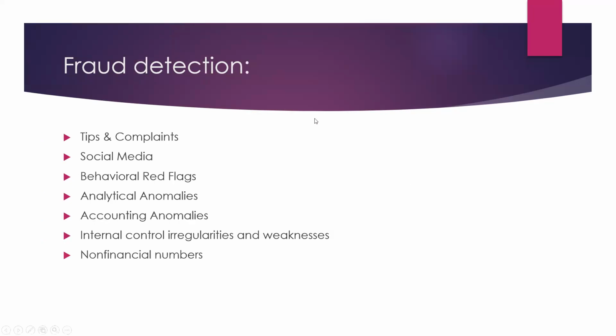So here we have a number of fraud detection areas, how we can detect fraud. So tips and complaints. So having that anonymous hotline where people who see something can come in and basically let you know what's going on without feeling like they're going to get in trouble is one of the biggest ways.